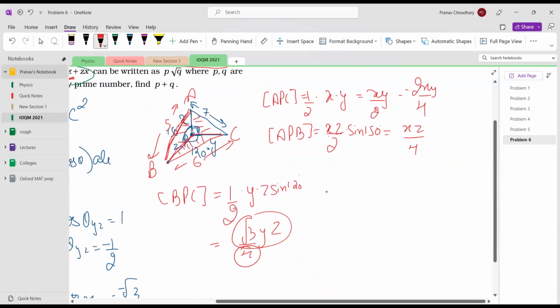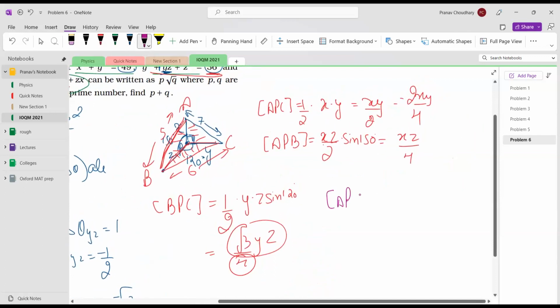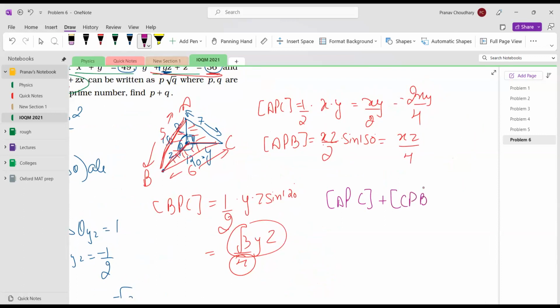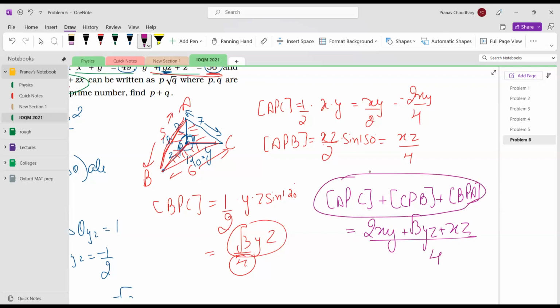So if you notice, if I add all these three areas, APC plus CPB plus BPA, APC is 2xy by 4, plus CPB is root 3 yz by 4, plus xz by 4. And this whole area is ABC.